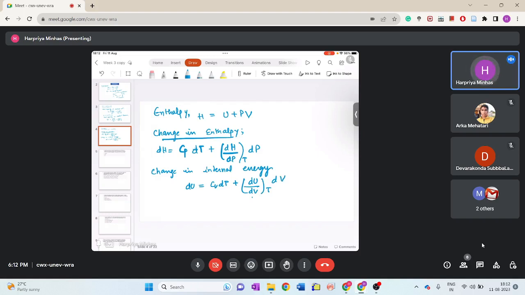And then we know the relation between Cp and Cv, that is Cp minus Cv equals R, when your number of moles N equals 1. If your moles are not 1, then these are molar values, so when N is not 1, then Cp minus Cv equals nR.